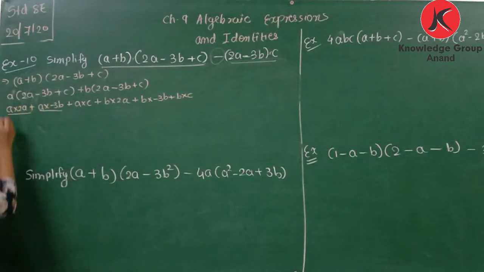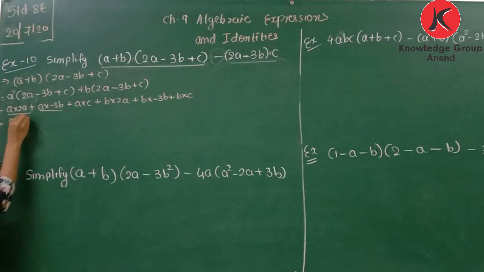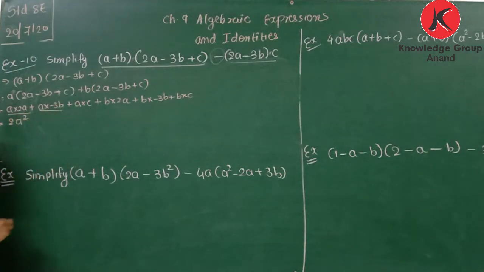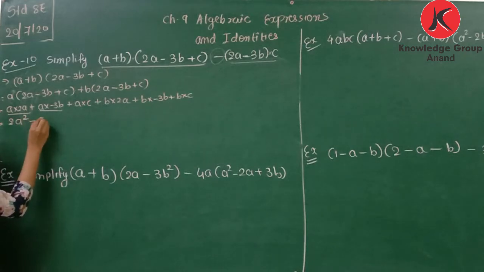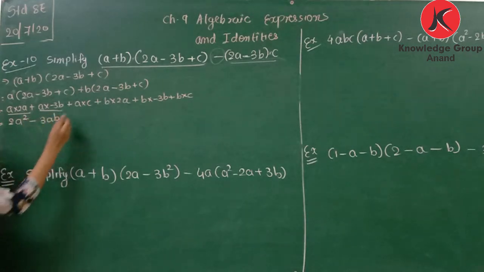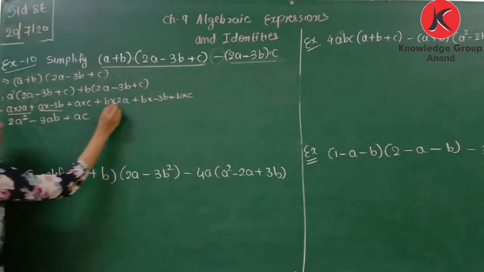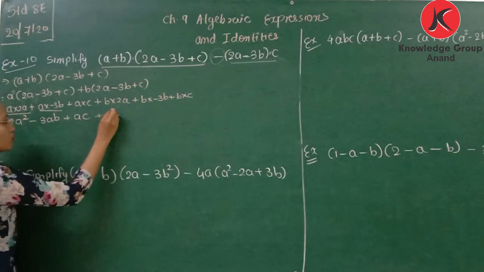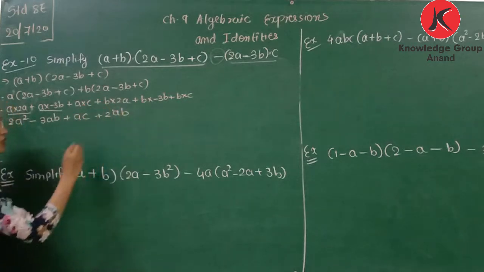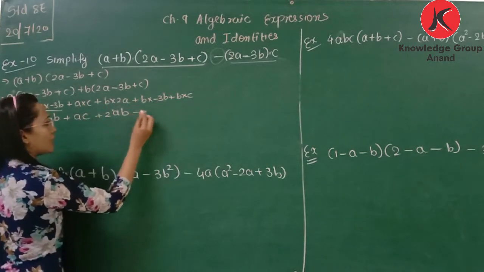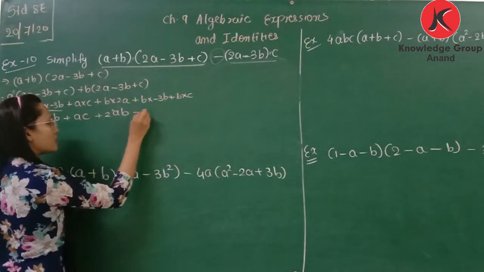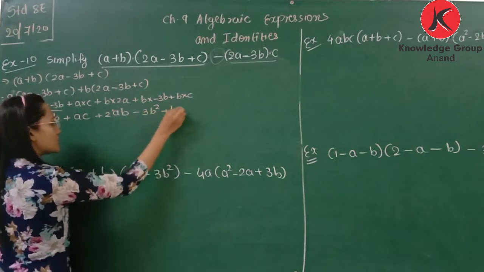Now simplify the multiplication. A multiplied with 2a becomes 2a square. A multiplied with minus 3b will become minus 3ab. A multiplied with c becomes ac. 2a multiplied with b becomes 2ab. B multiplied with minus 3b becomes minus 3b square and this is bc.